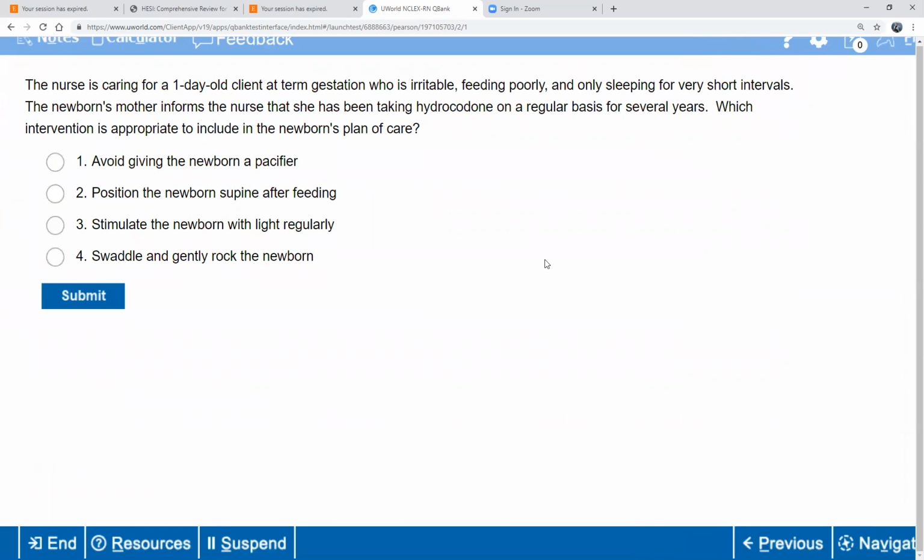The nurse is caring for a 1-day-old client at term gestation who is irritable, feeding poorly, and only sleeping for very short intervals. The newborn's mother informed the nurse that she has been taking hydrocodone on a regular basis for several years. Which intervention is appropriate to include in the newborn's plan of care?